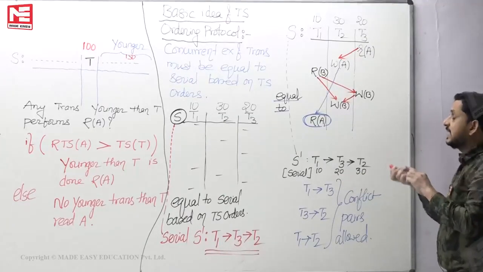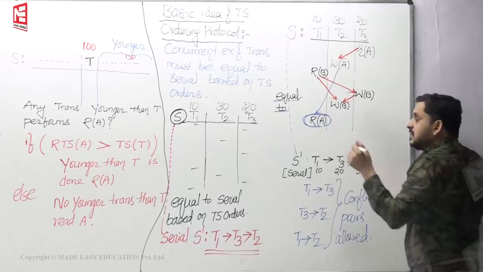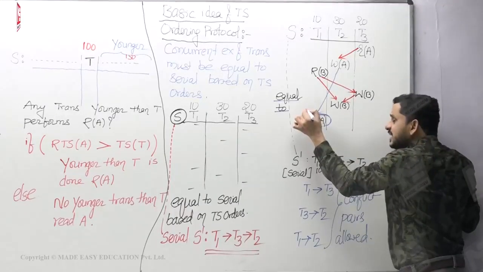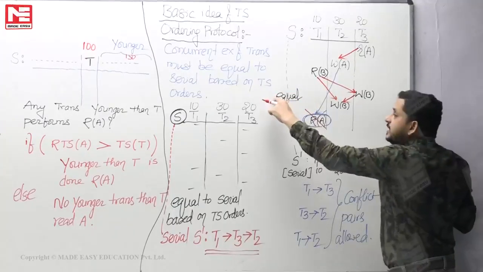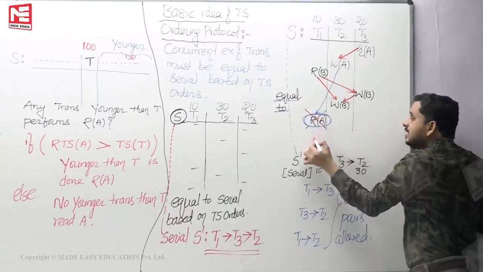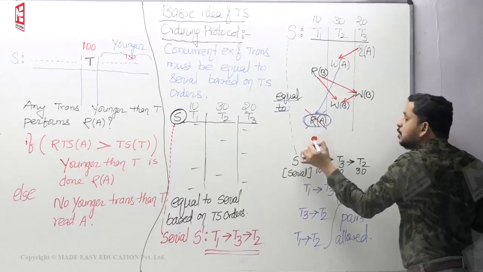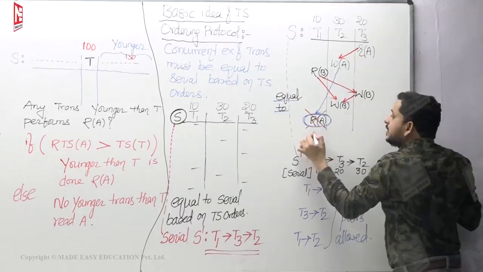So, if such a read or write operation occurs, first, this read request of T1 is not allowed because it violates the basic criteria, and the corresponding transaction that violates the criteria is rolled back.